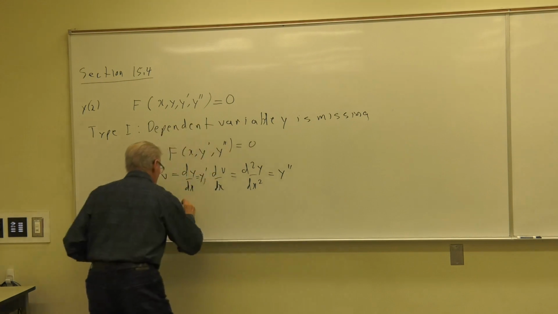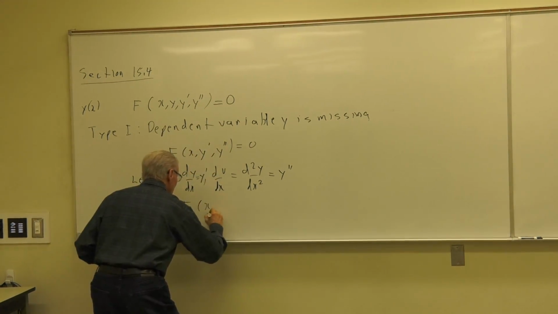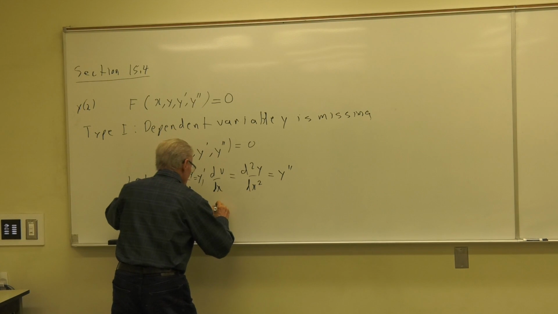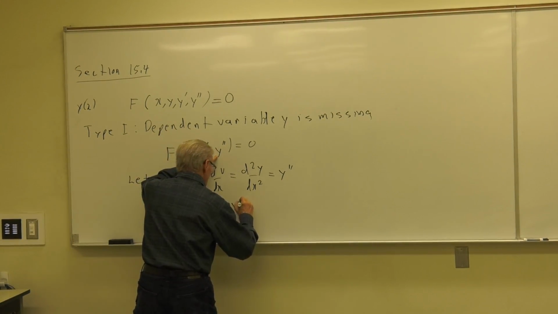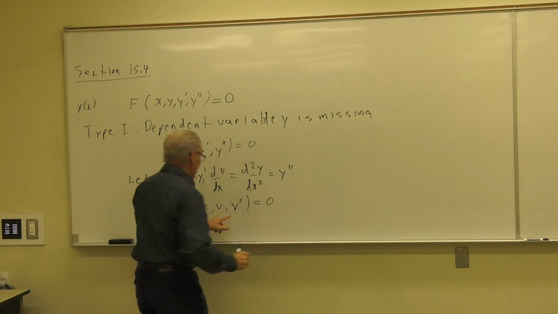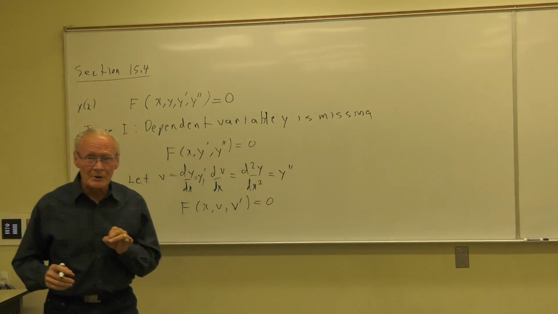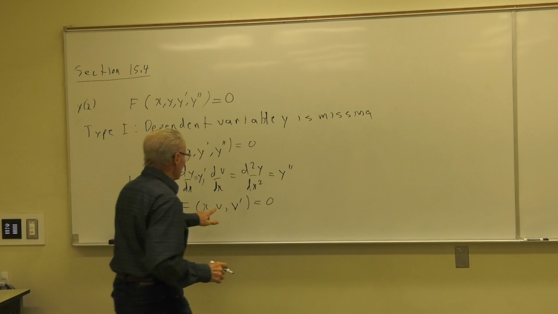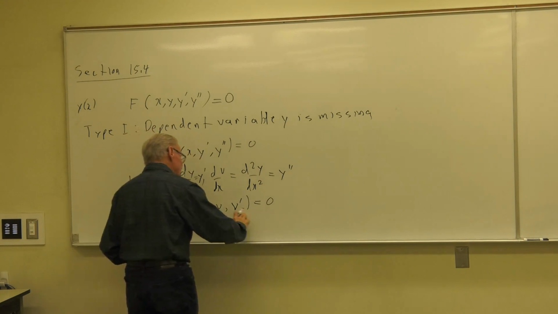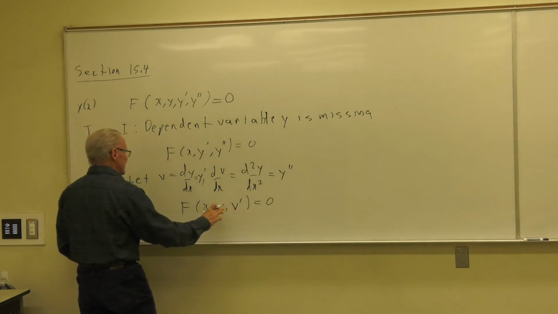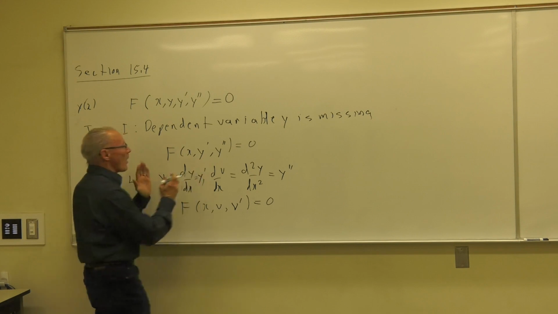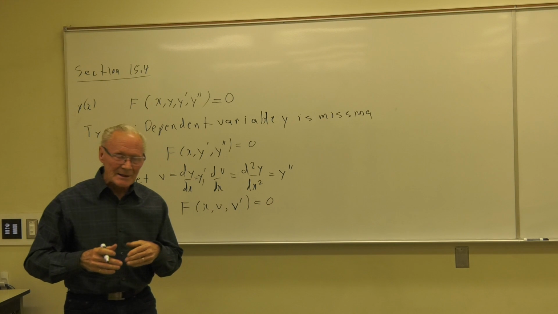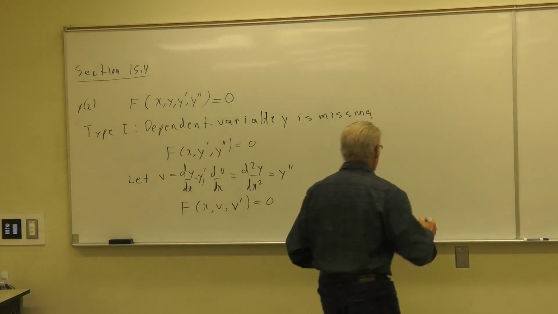If you did that, then the x's are still there, the y prime has been replaced by v, and the y double prime has been replaced by v prime. And so what have you got? A first-order differential equation to solve for v. So if you solve this differential equation and get the v, you put that v here, and you say, now I integrate, and I get y. So that's the technique. Example.